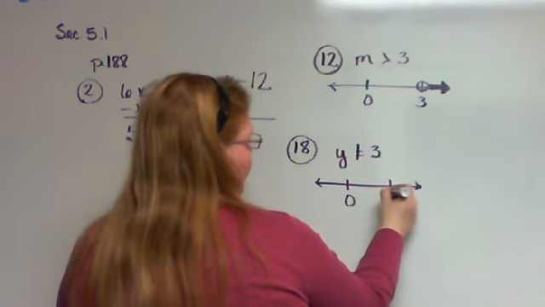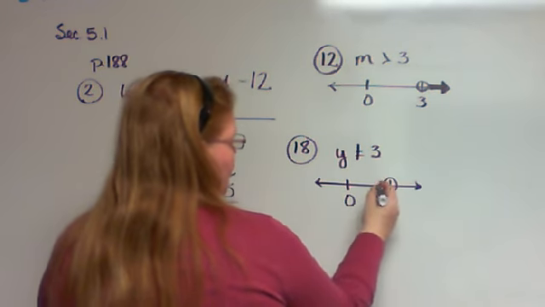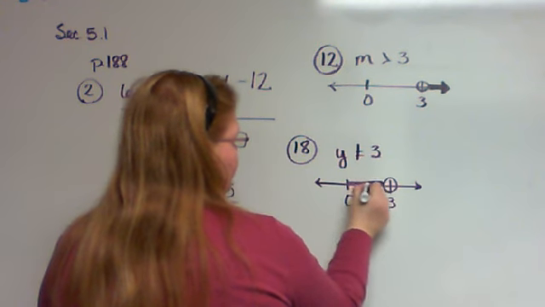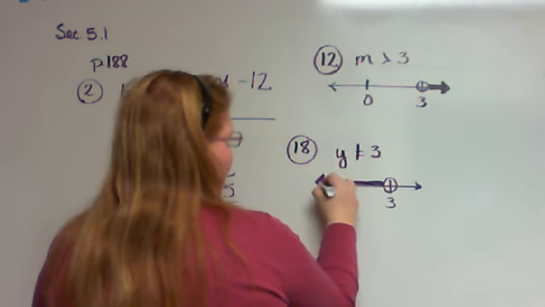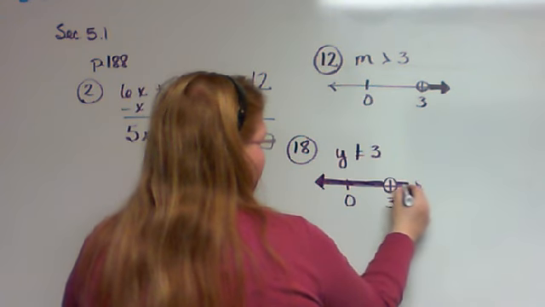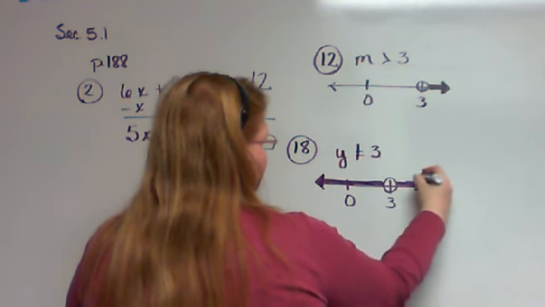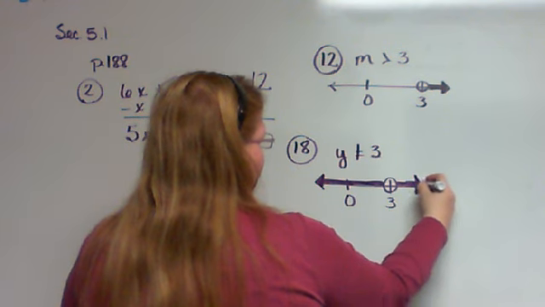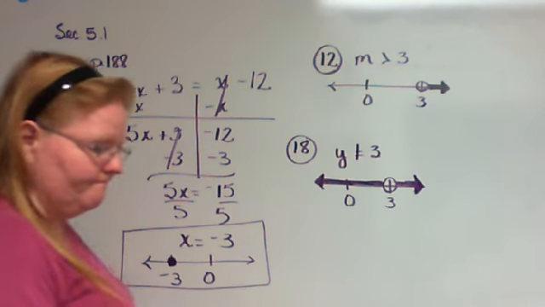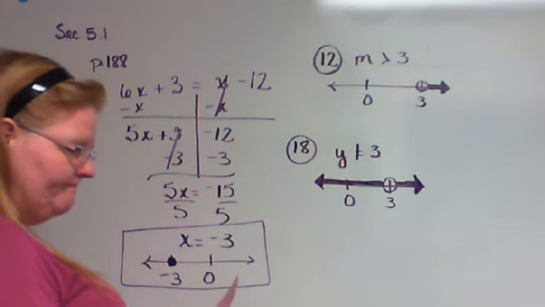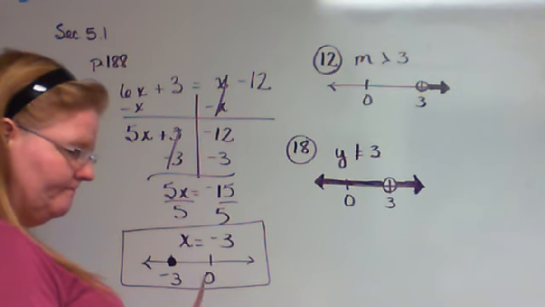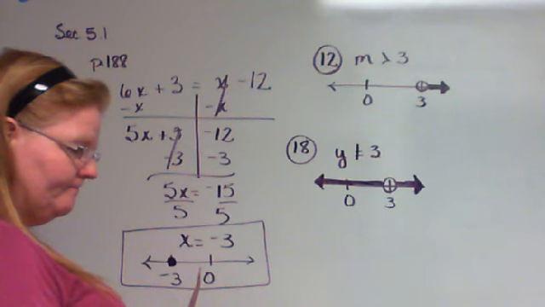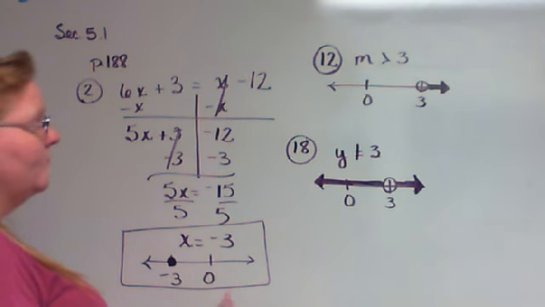If it's not equal to 3, that means I have an open circle on 3, and I shade in both directions. Make sure you get both arrows. Okay.